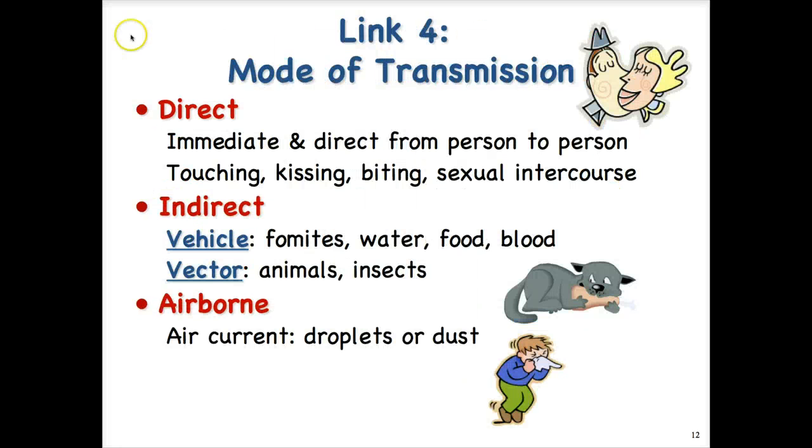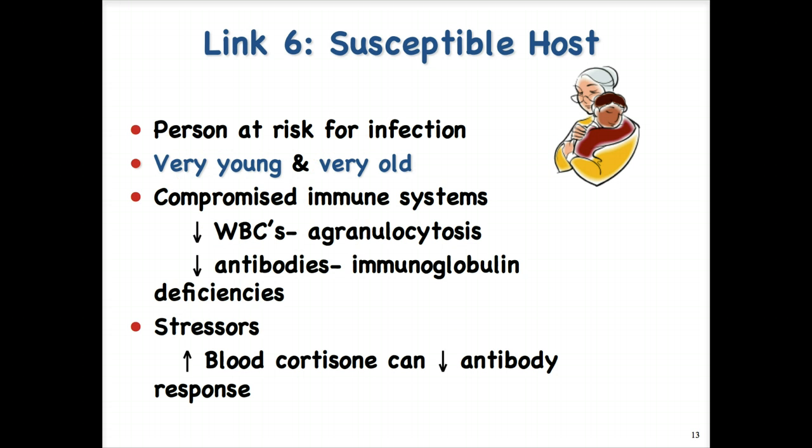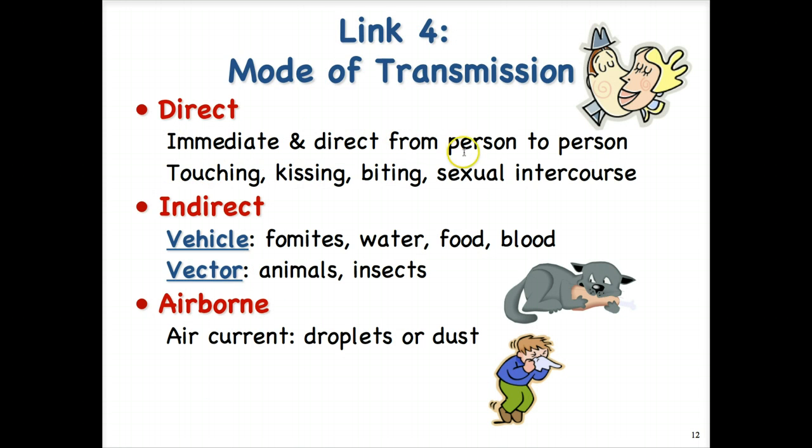So then your fourth link is your mode of transmission. Organisms can be spread by immediate and direct transmission from one person to the other. You can have immediate and direct through touching, kissing. You can have indirect transmission of an organism from a vehicle or a vector, or you can have airborne transmission through droplets or dust.